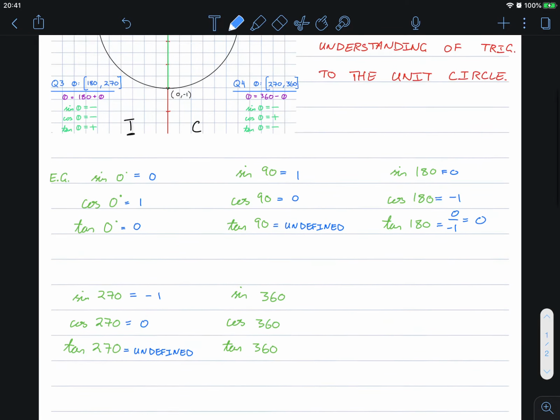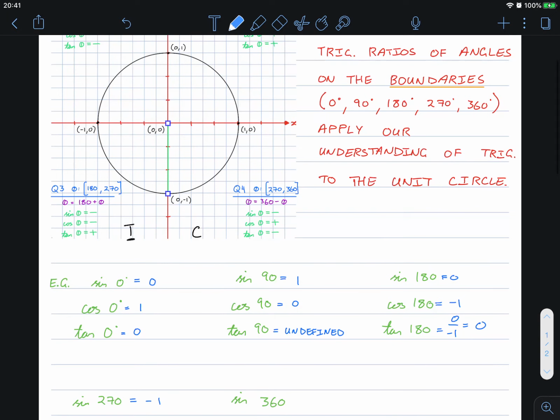And lastly, we have 360 degrees. So here's 0 degrees, 90 degrees, 180 degrees, 270 degrees, 360 degrees. Well, if we go all the way around, doesn't that look as if we stayed exactly where we are?